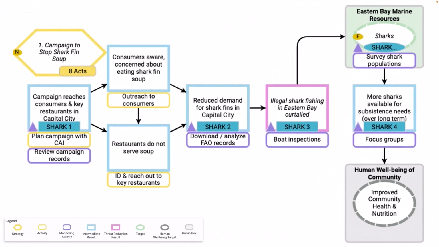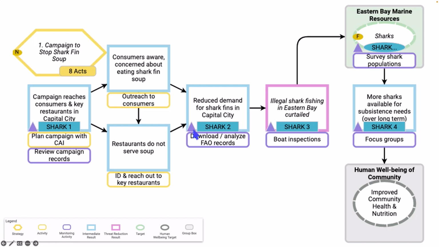This is the Campaign to Stop Shark Fin Soup strategy. And note that the results chain includes intermediate results here shown in blue, a threat reduction result outlined in purple, and the results with specific objectives on them are numbered with blue labels, and the indicator is shown as a purple triangle, as we see here.